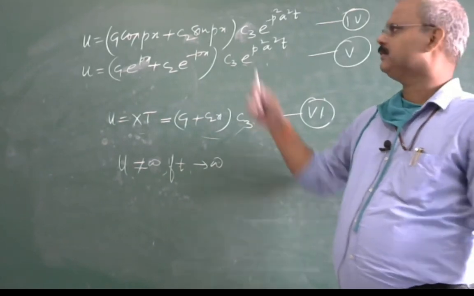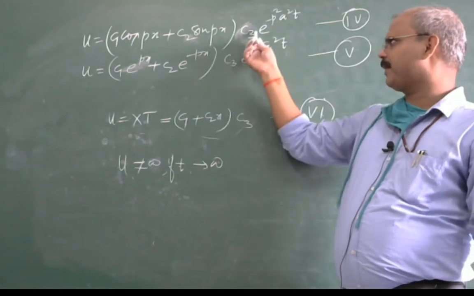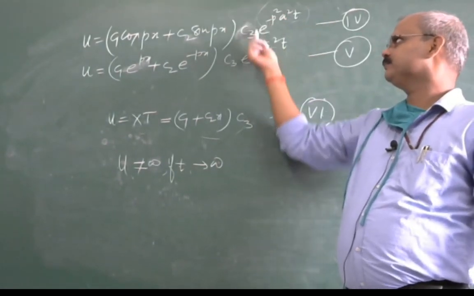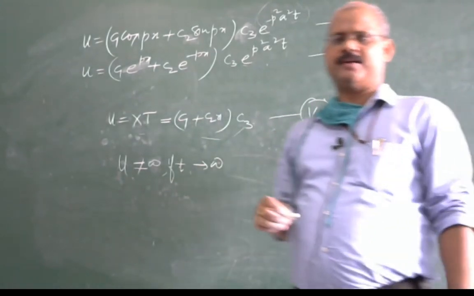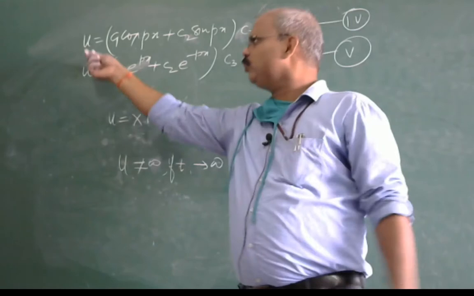Let us see this solution. If t tends to infinity, due to negative sign, e to the power minus infinity becomes 0, and due to this u becomes 0.